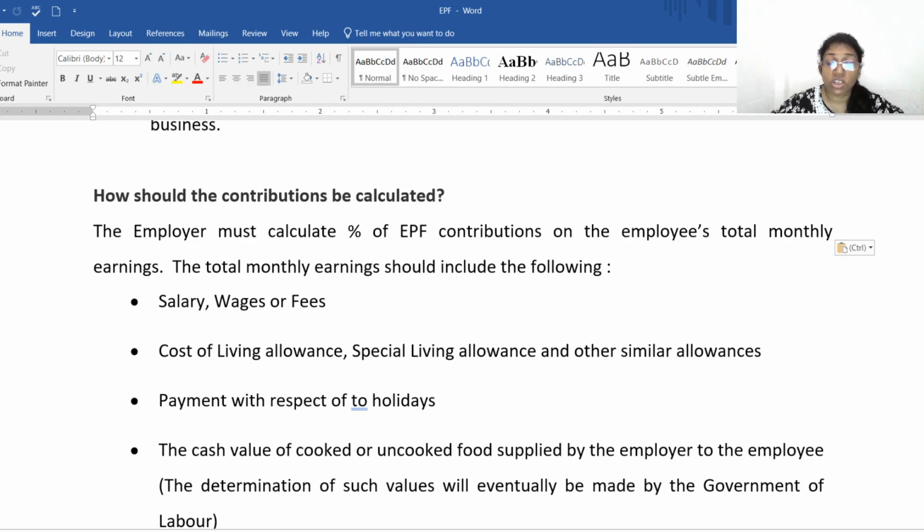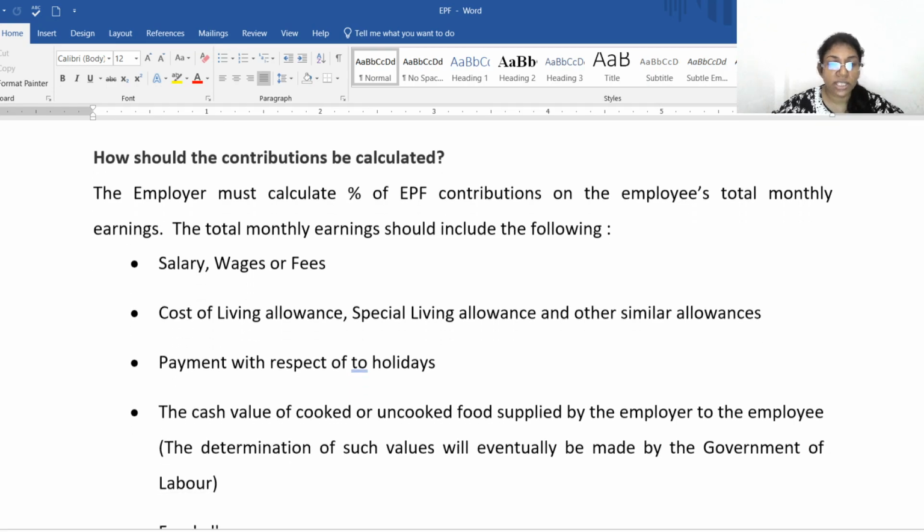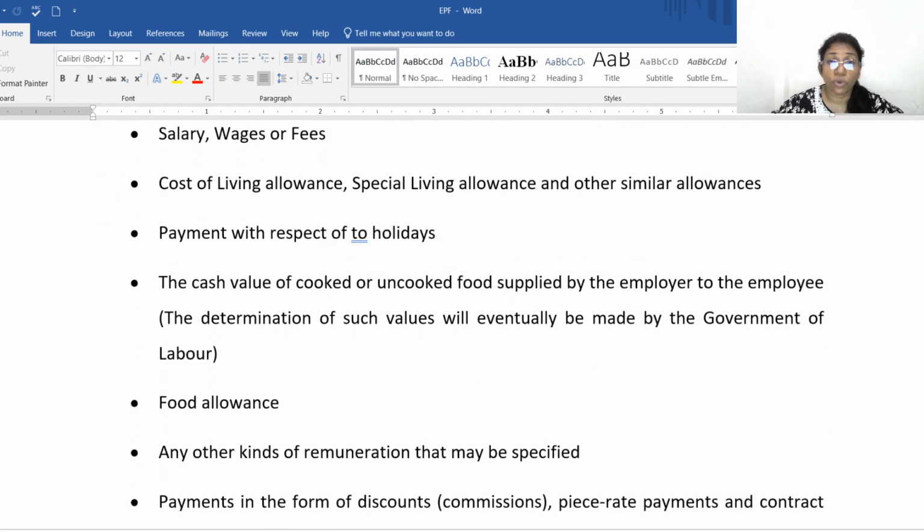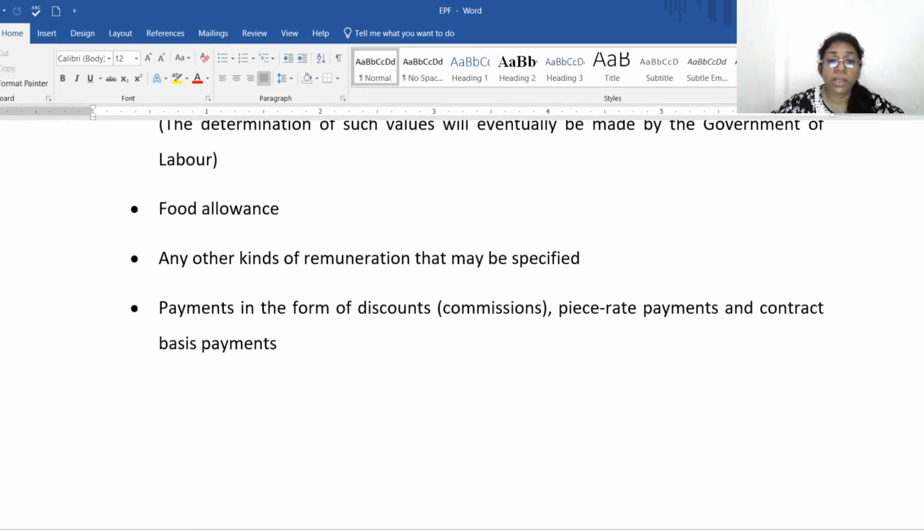Then, cost of living allowances, special living allowances and other similar types of allowances. Payment with respect to holidays. Cash value of cooked, uncooked or food supplied by the employer to the employees, food allowances, other kinds of remuneration, then payments in the form of commissions, piece rate payments and contract basis payments.